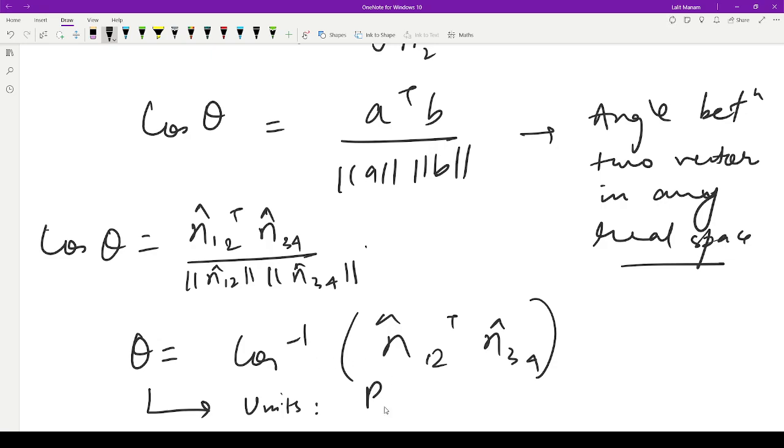Yeah, it will be in radians. So in the exam, if you're asked about degrees, then you have to convert the radians into degrees by multiplying by 180 by pi. Okay. So yeah, with this, I'll stop today's lecture.